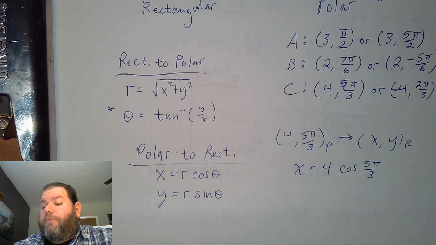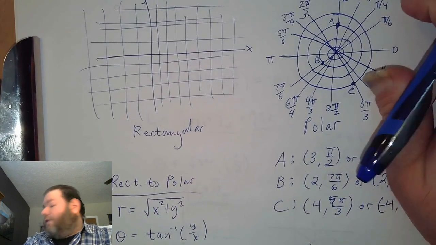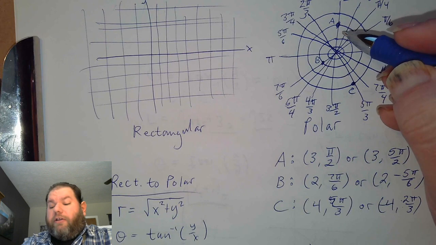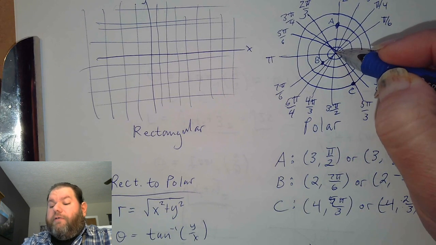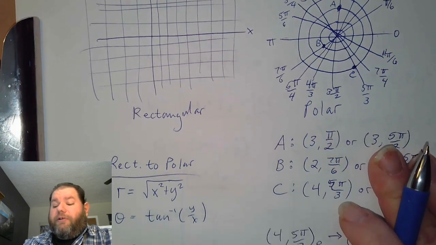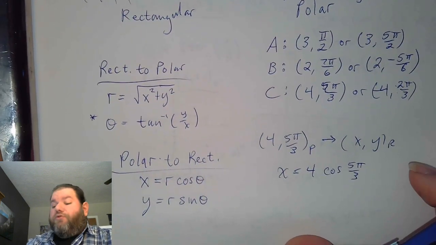Could have picked an easier point. A would have been a lot easier. A was very clear: we can just see that's 0 comma 3 on the rectangular plane, because it's 0 left or right and then 3 straight up. That's actually pretty easy to convert. This one's a little bit more tricky.